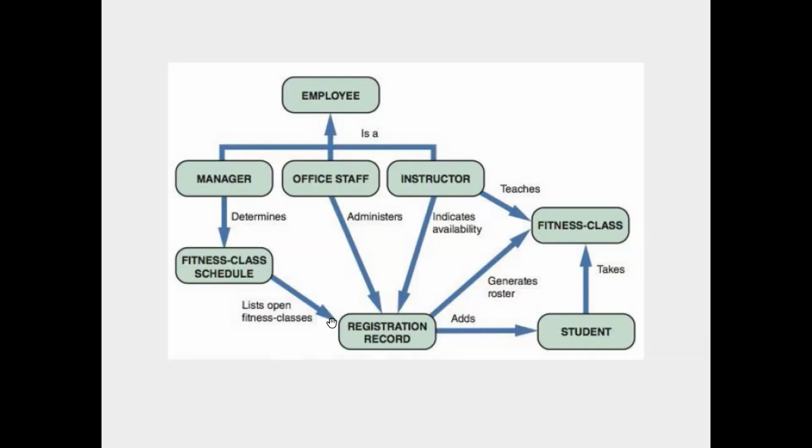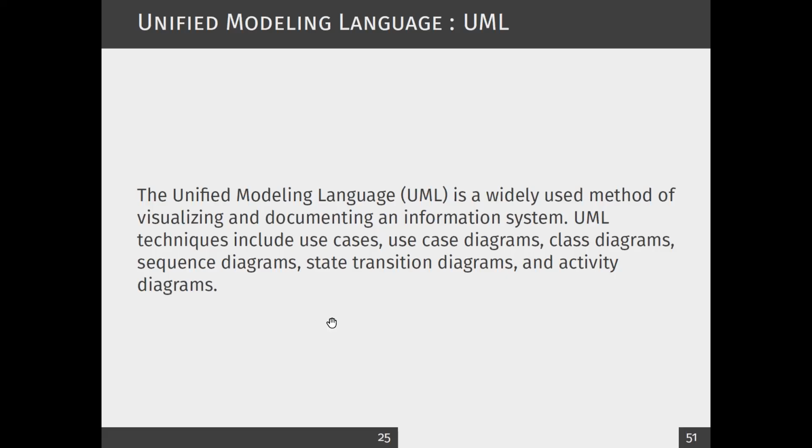Okay, let's move to the next one. Now, when you look at these different diagrams that we are going to talk about within object modeling, one of the main modeling languages we use is called UML.